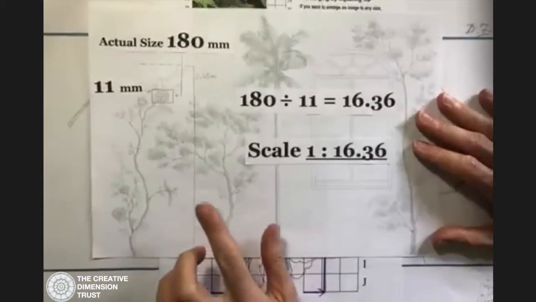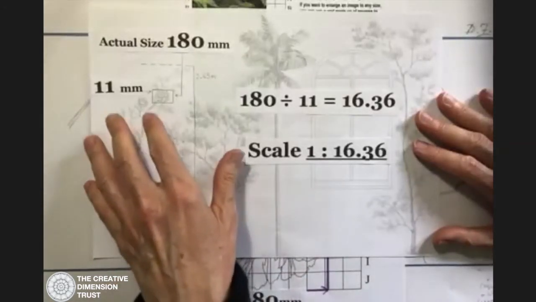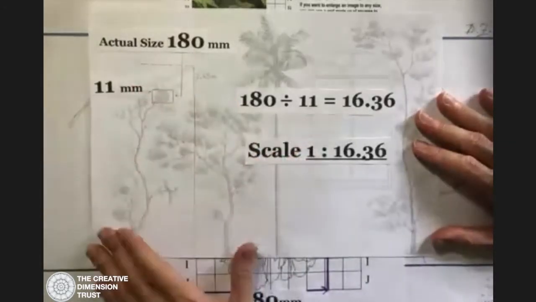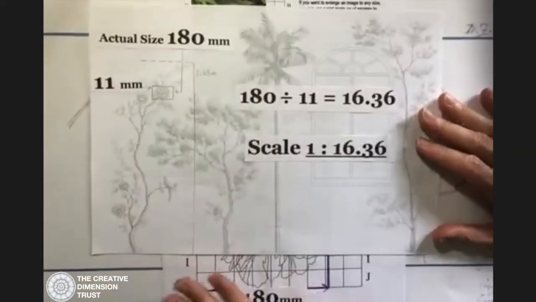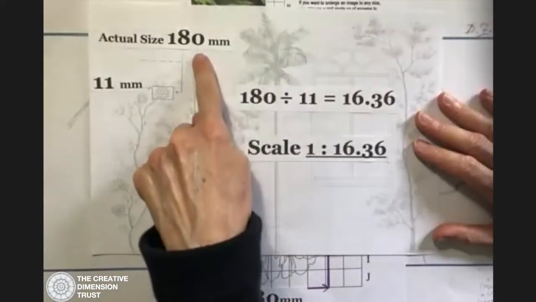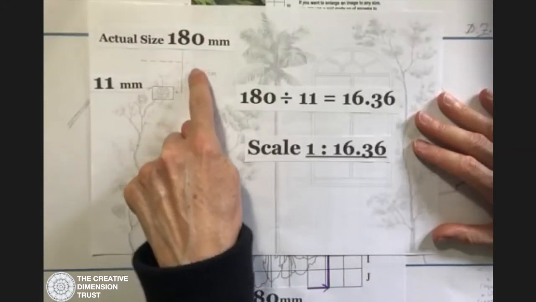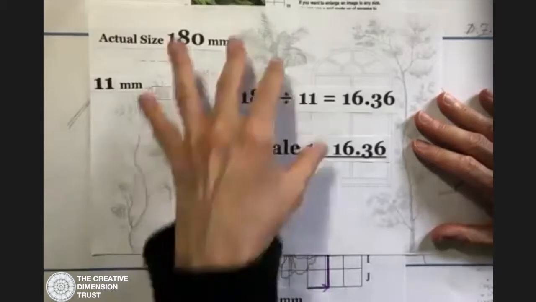So the first thing we need to do is to calculate the size that you want the actual finished work to be. So I've made a decision that the height of this tree is going to be 2.65 meters. My room is a pretend room.